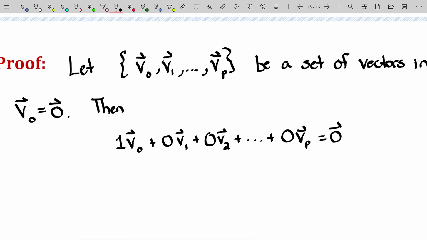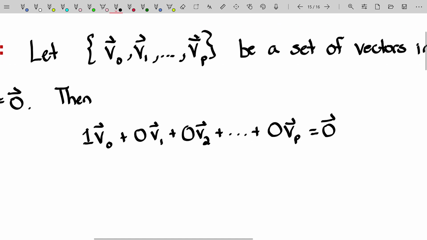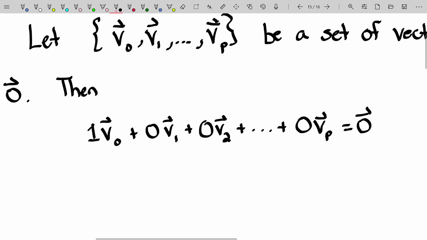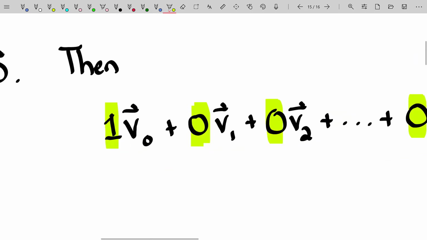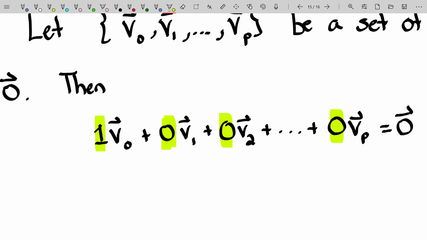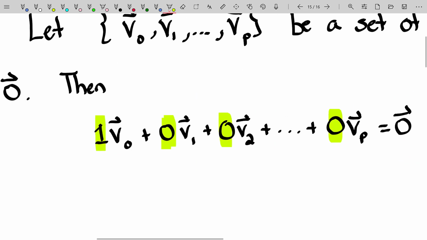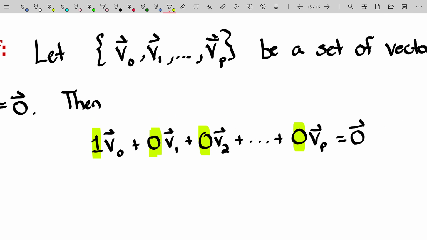Well then, 1 times v sub 0 plus 0 times each of the other vectors is going to be the zero vector. Notice the weights that we've chosen are not all 0. In fact, the very first weight is non-zero. So there's a collection of weights, not all of which are 0, that causes this linear combination to become the zero vector.